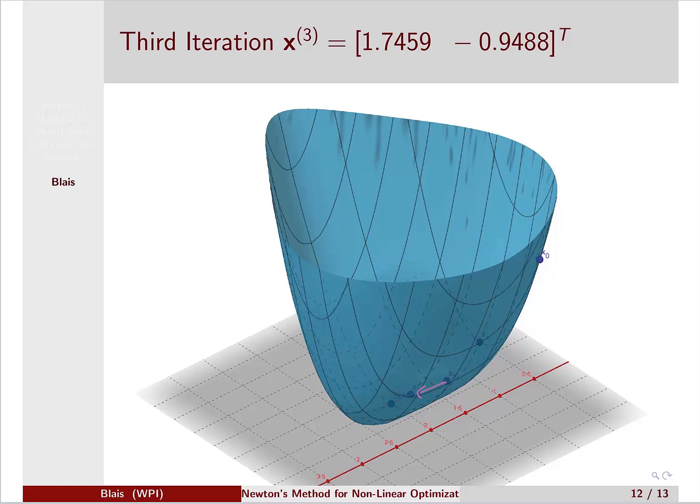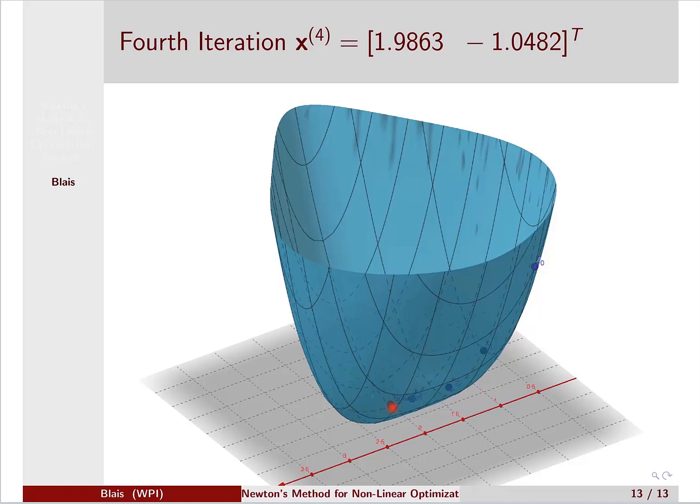If we do one more iteration, the x4 is actually depicted here, but it's very hard to see that it's there because it's almost on top of the solution. And you see here we are very close. We're at 1.98, minus 1.05. And if you continue, we are in fact in this case converging to that solution.